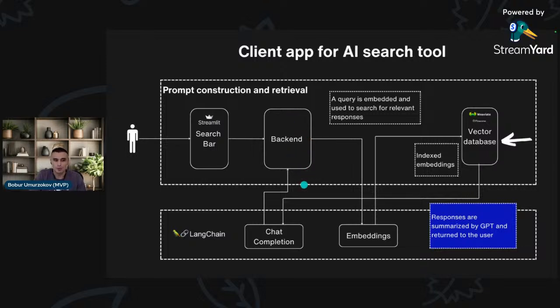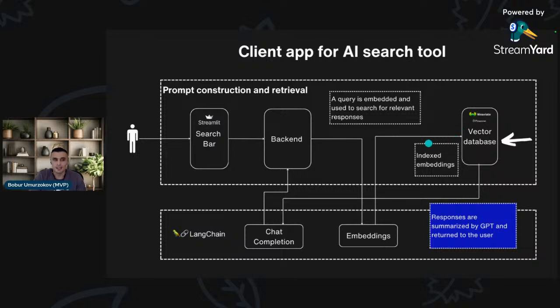Then you calculate the vector embeddings for the question prompt again, because vector representation is very easy to match and find the relevant data from the vector storage we had before with all the data.